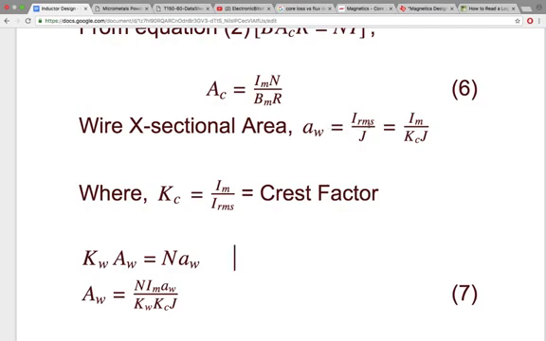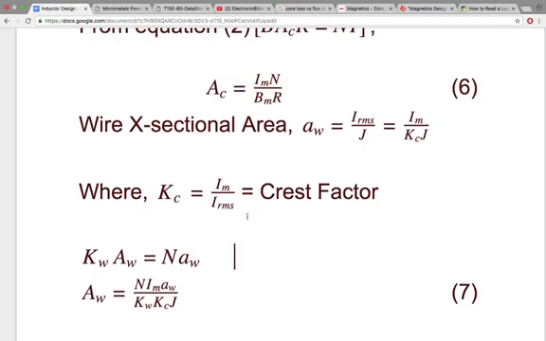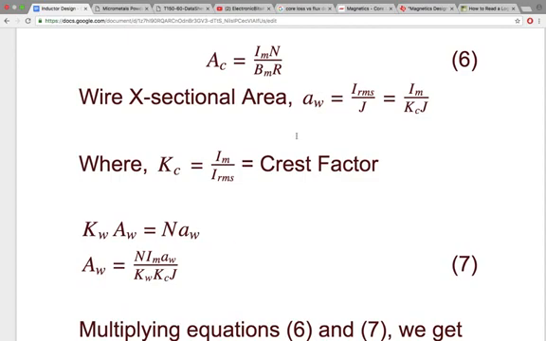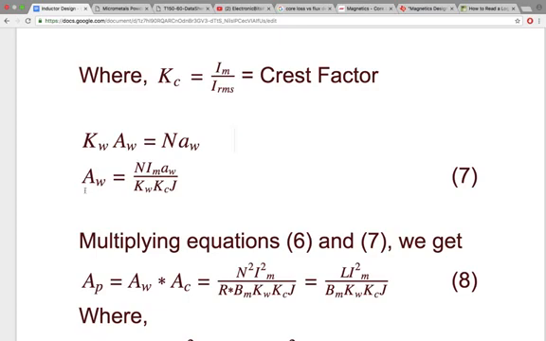We design for some RMS current or the maximum current. So it is IRMS divided by the current density J, and we can replace IRMS by Im by Kc, where Kc is the crest factor, defined as Im by IRMS. After substituting the value of AW, we get the simplified expression for the window area.